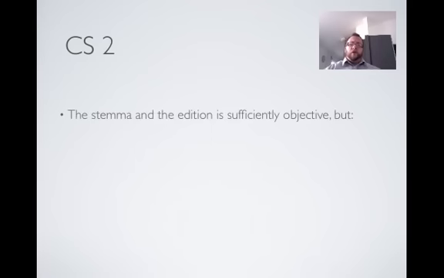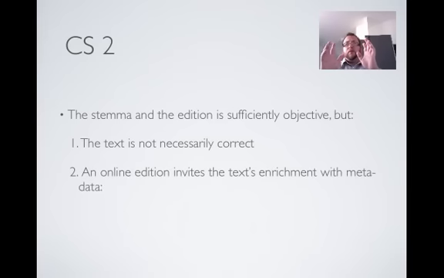And then the second crowdsourcing aspect comes in. We have this text floating around. It's not really correct because the standard edition is sufficiently objective, but it doesn't mean that it's the correct text. We still need to apply some scholarly knowledge on it to actually get the jump from the archetype to the original Latin text.